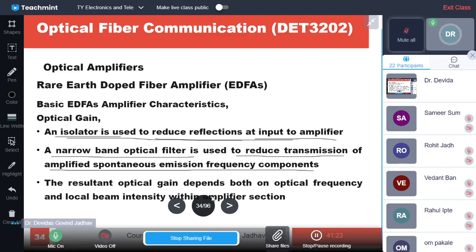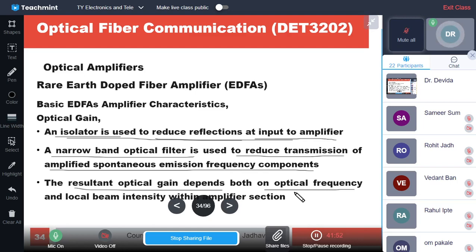The resultant optical gain depends both on optical frequency and local beam intensity within the amplifier section. The gain achieved depends both on the optical frequency in use, which is getting amplified, and the local beam intensity within the amplifier section. Pumping is there, but you cannot keep increasing the pumping because of saturation.